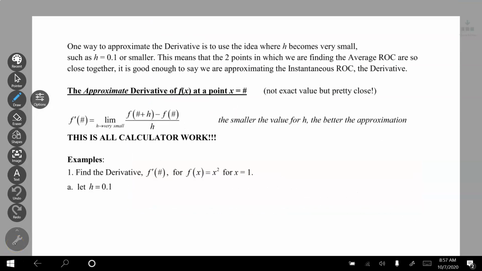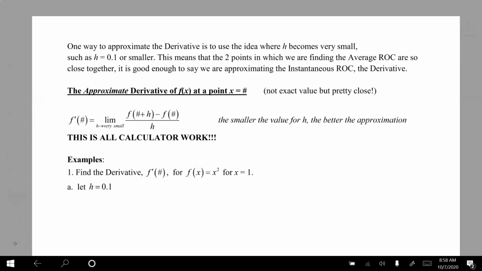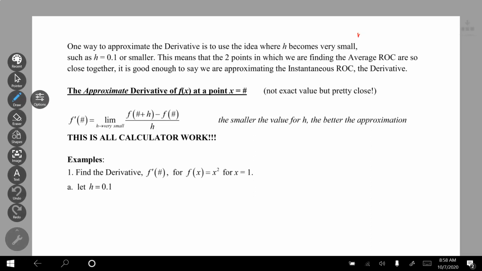So one way to figure this all out, a derivative, is saying, you know what, I still want to use my slope formula. I still want to use m equals change in y over change in x. But to use that formula, I need 2 points. So what we're going to do is approximate the derivative by taking another point that is very, very close to the original point, so that h value, that distance between the 2 points, is very small.